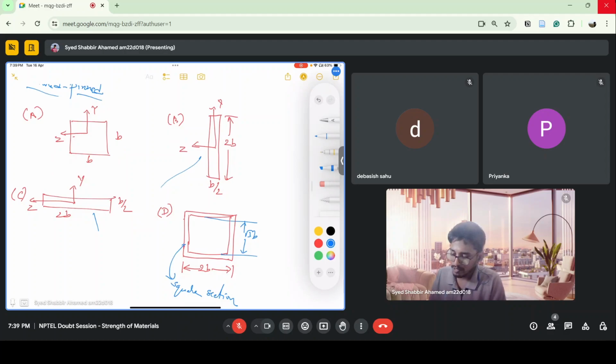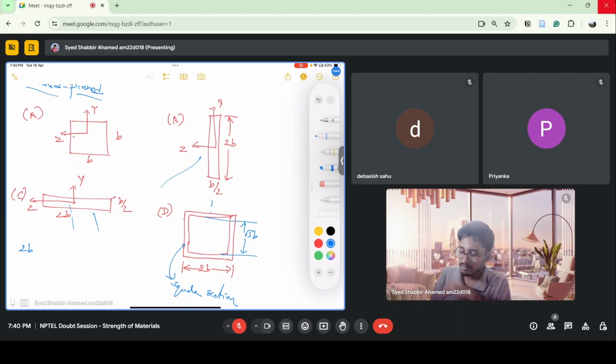You can find out BD cube by 12. If I find out IYY and IZZ, for this IYY or IZZ both will be equal. For this, both give IYY and IZZ the same thing but in a different orientation. But I don't want in which direction it will buckle. The same cross section in a different orientation doesn't make any difference.